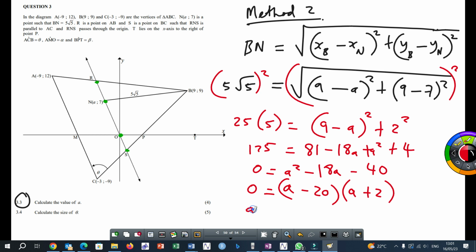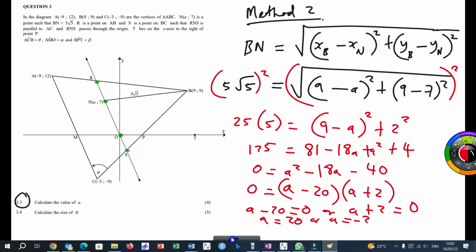Then from there, we have A minus 20 equals 0, or A plus 2 equals 0. And you get A equal to 20, or A equal to minus 2. Here we have to reject. This one here is not applicable. A cannot be positive, because N is in the second quadrant. So what this means is A is going to be minus 2.